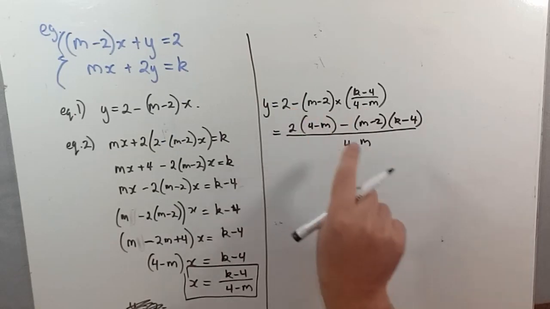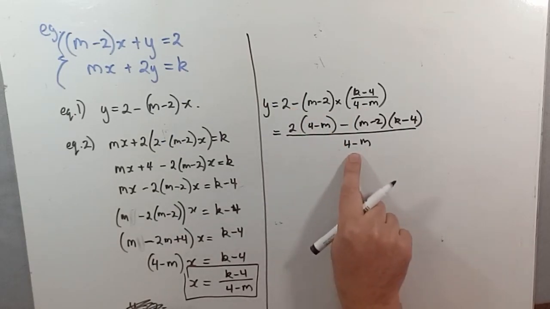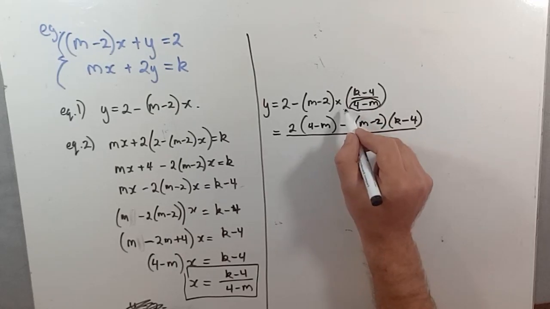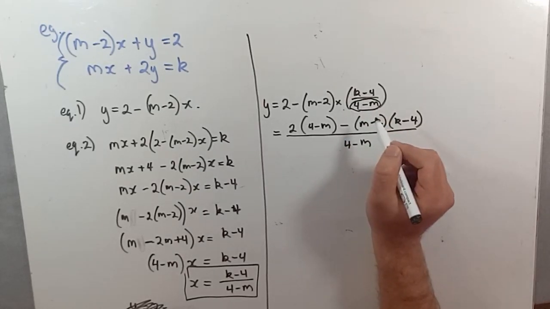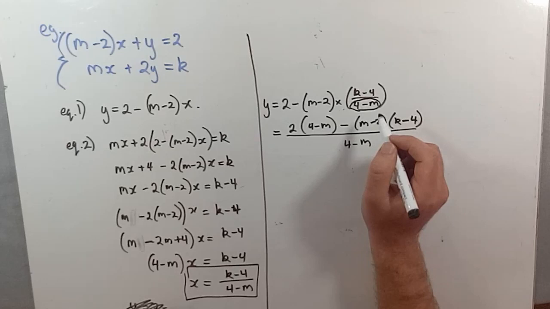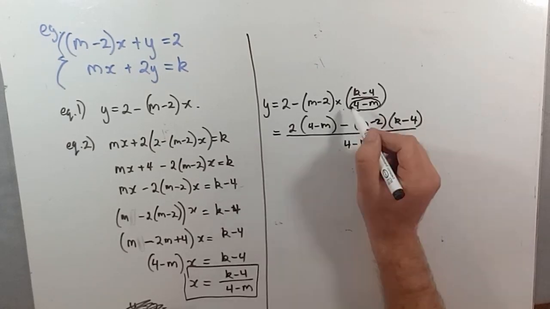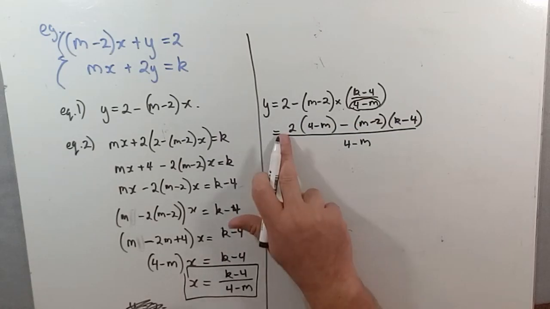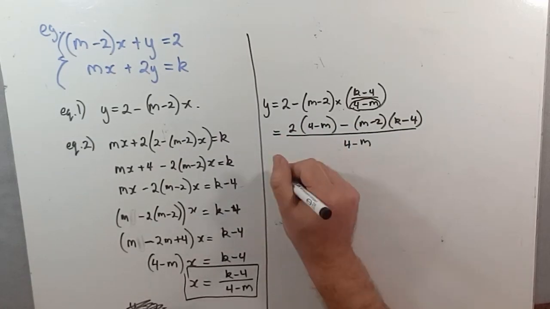I've put them over a common denominator here. Basically I just cross multiplied this by, oh no, I've mucked it up. Rats. Oh no, I haven't. No, I'm good. Multiply this by the 2, and then I'm all good.